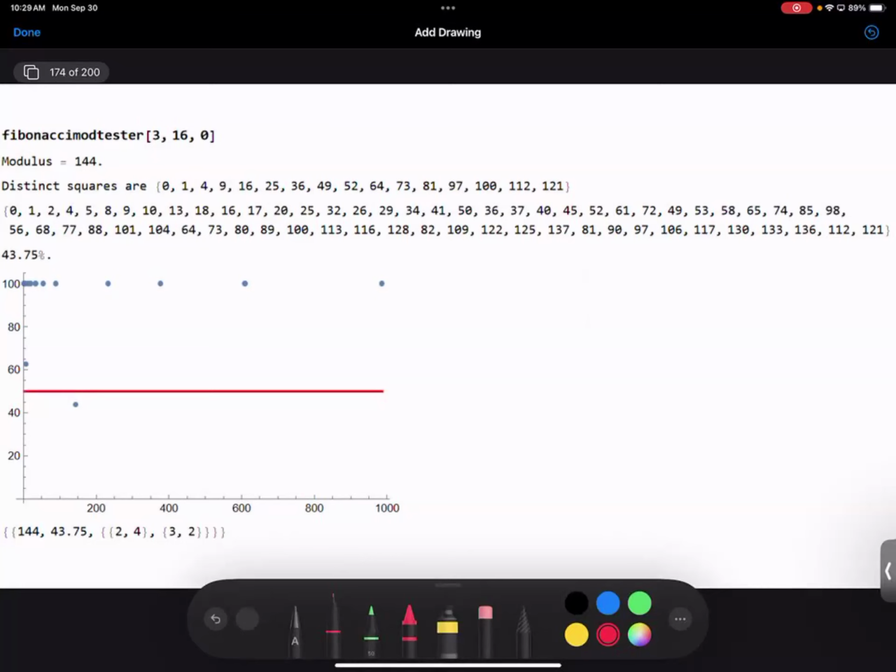So the Fibonacci numbers: 1, 2, 3, 5, 8, 13, 21, 34, 55, 89, 144.